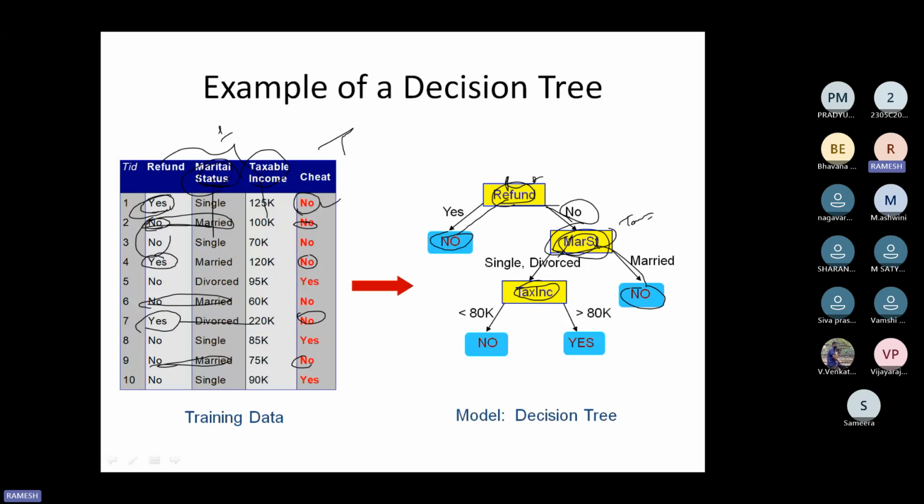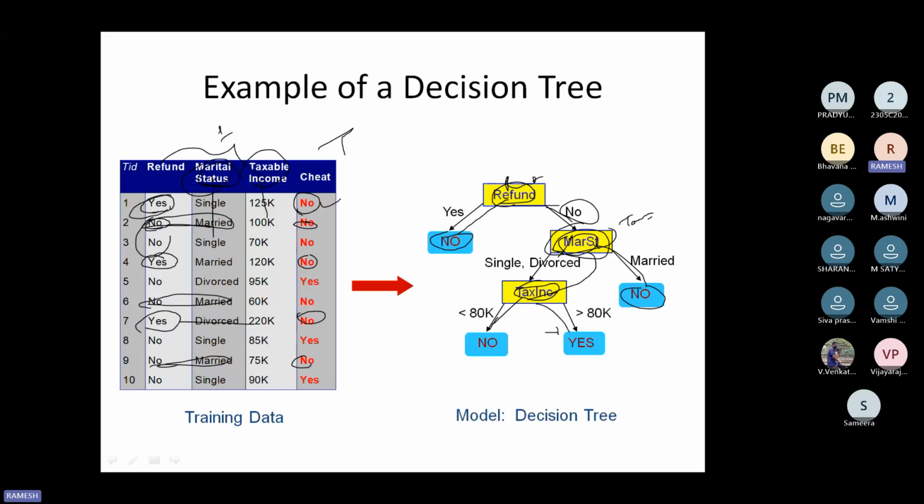If we selected taxable income as the intermediate node, we couldn't get the output as fast. We would have to divide again. This is the last case of giving the answer.